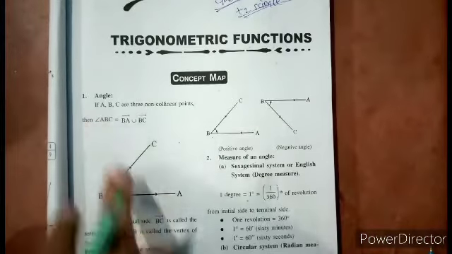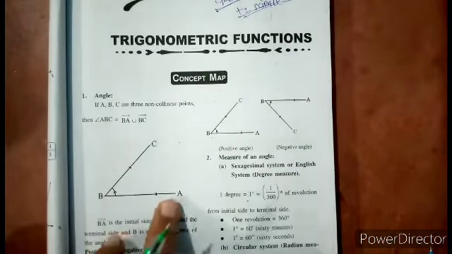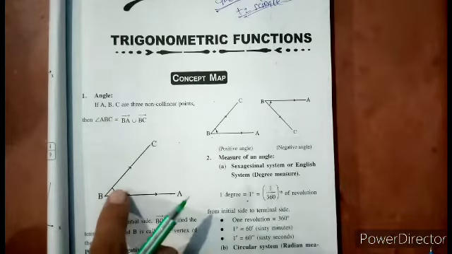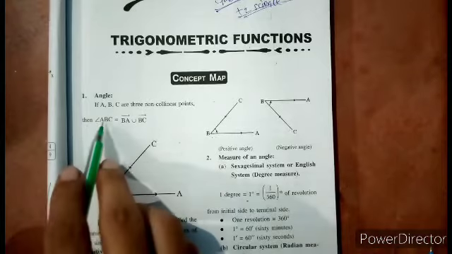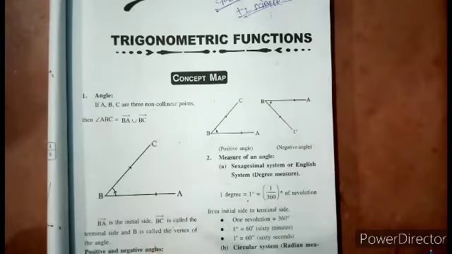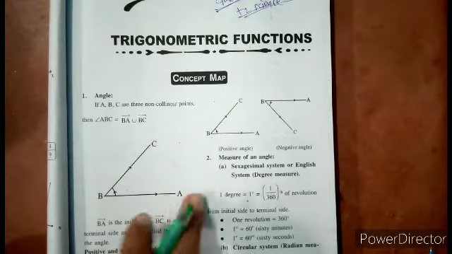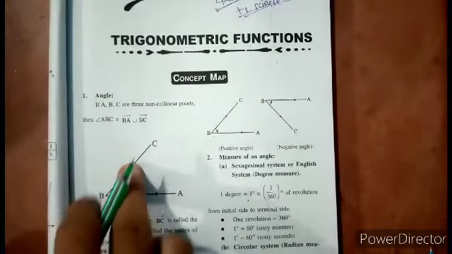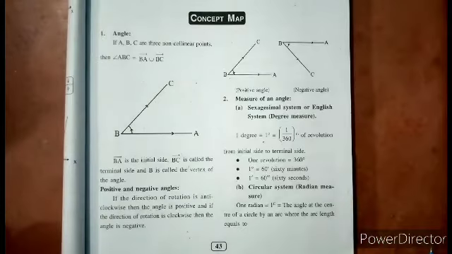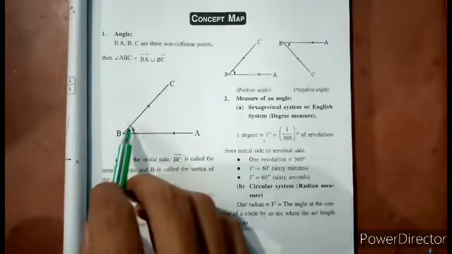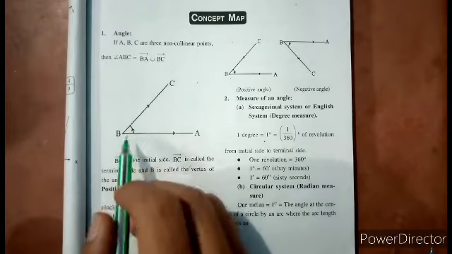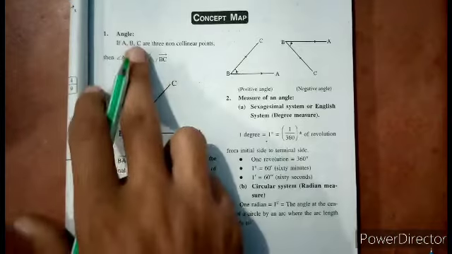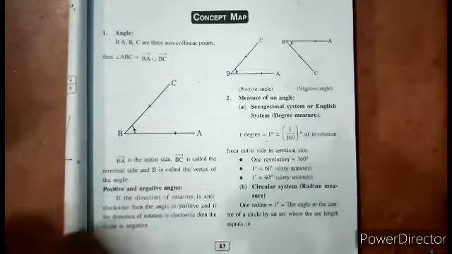what are called angles. If we consider AB and BC and join them, then this is the angle ABC subtended by two lines, that is BA union BC, the BA line union the BC line making an angle ABC. Here A, B and C are non-collinear points.